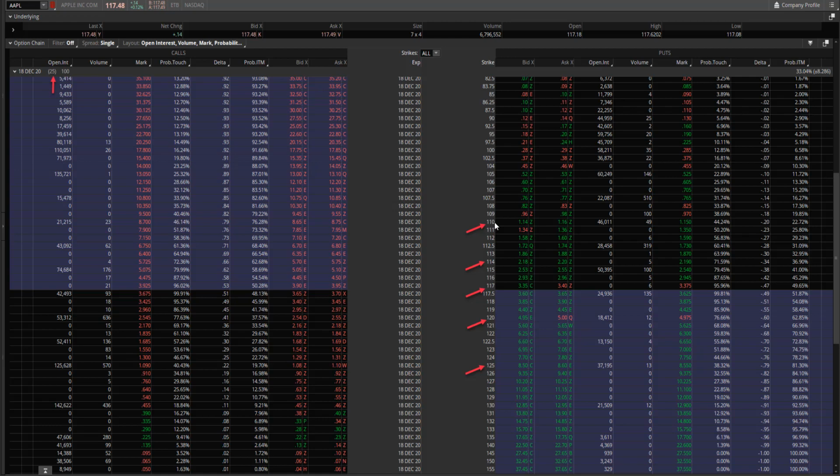You'll see right over here next to $110, if you purchase at the ask, it would be $875 for the one options contract. And how you figure that out is every options contract is worth 100 shares. So it would be 8.75 times 100, and that's how you get $875.